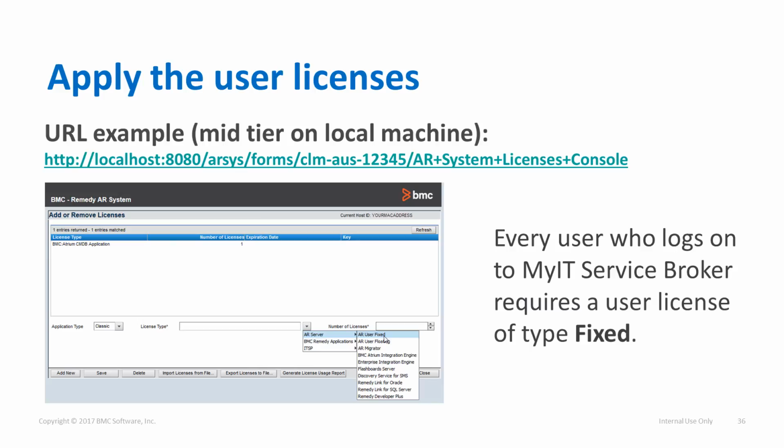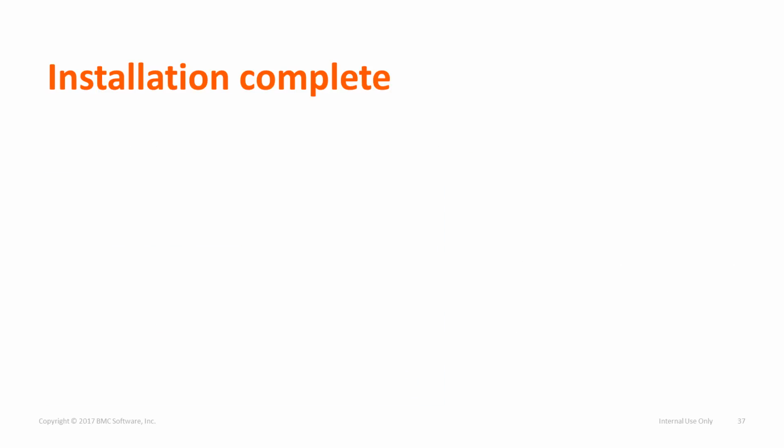Only those users who log into Service Broker need a fixed user license type. MyIT users who are registered to your Service Broker don't need a fixed license. They can request services through the default read license that's applied. And then at this point, your installation is complete. That's all the steps for that.